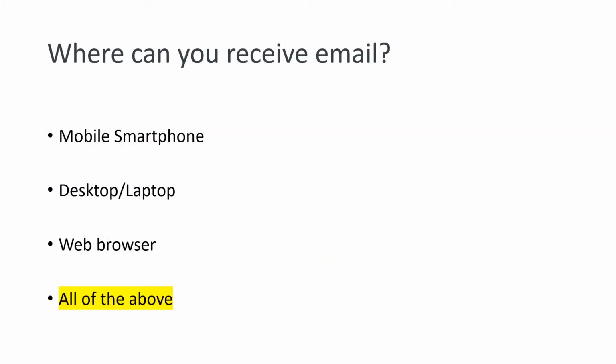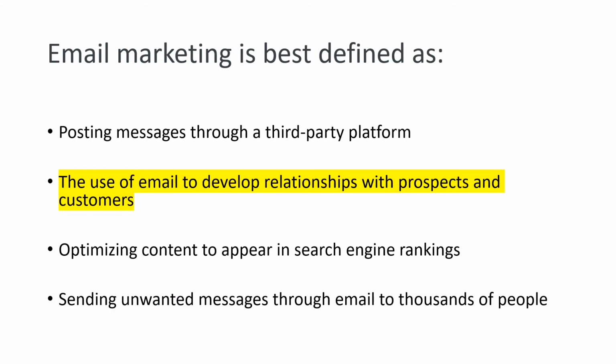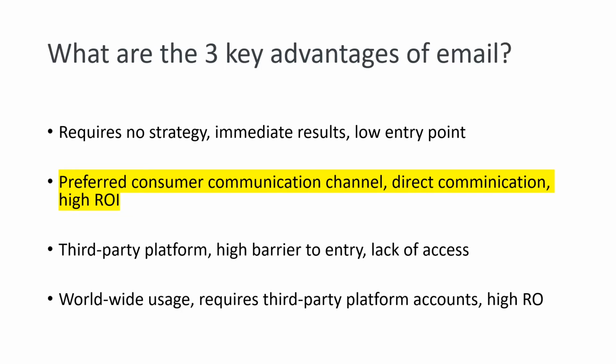160. Where can you receive email? Mobile smartphone, desktop laptop, web browser. 161. Email marketing is best defined as the use of email to develop relationships with prospects and customers. 162. What are the 3 key advantages of email?